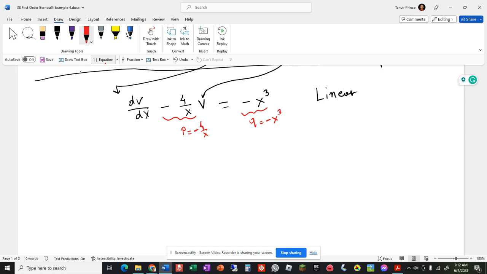Don't confuse this p and q with the p and q of the Bernoulli; in this case, p and q represent the linear part. So let's start with finding the integrating factor. u is e to the power integral of p dx. So let's do that.